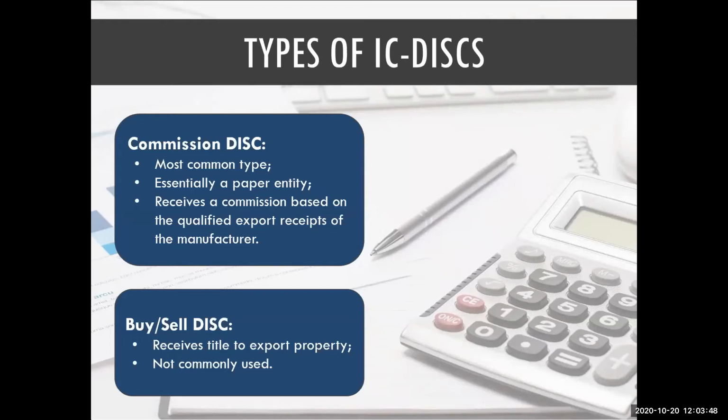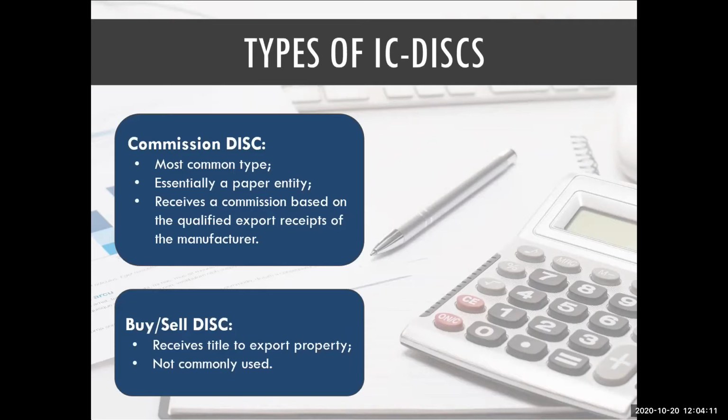And this commission agreement basically states that the IC-DISC, for a commission, will help facilitate the export transactions of the related supplier. But essentially, what happens is the IC-DISC does nothing. It's a paper entity. It receives a commission based on the exports of the related supplier, but it doesn't really do anything.